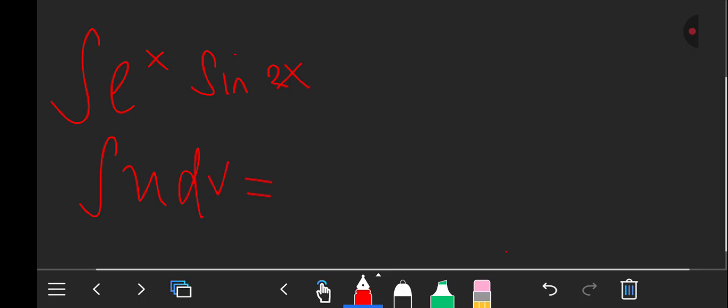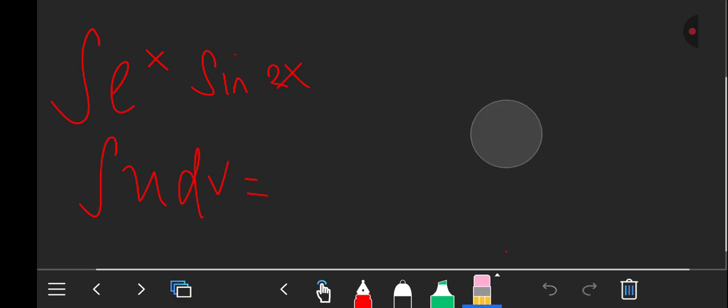The formula which you need to apply: first you multiply u by v, then you subtract the integral of v du. So du simply means the derivative of u, and this v simply means the integral of dv. So that is the interpretation.